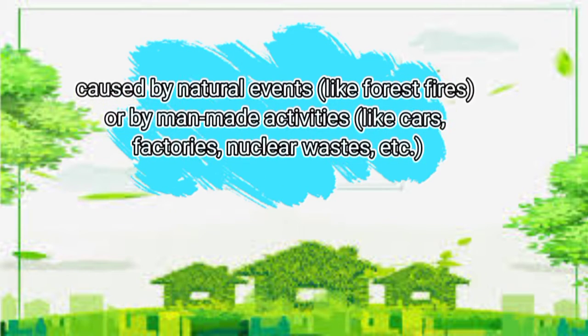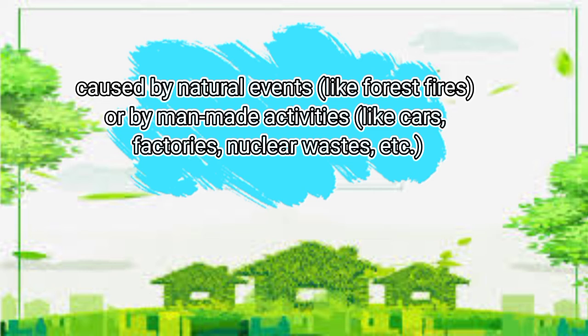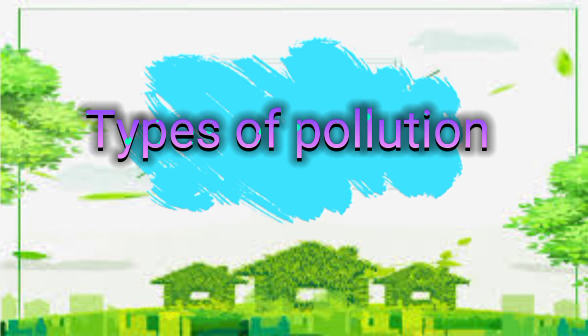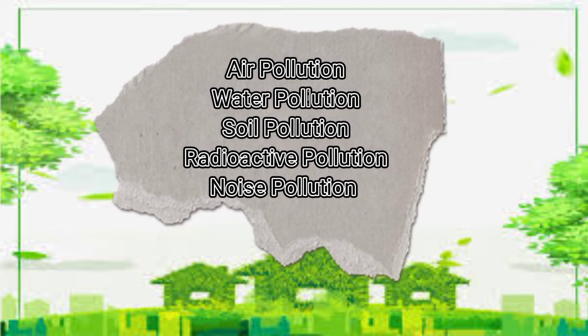So, as stated before, there are different types of pollution, which are either caused by natural events like forest fires or by man-made activities like cars, factories, and nuclear waste. These are classified into the following types of pollution: air pollution, water pollution, soil pollution, and noise pollution.